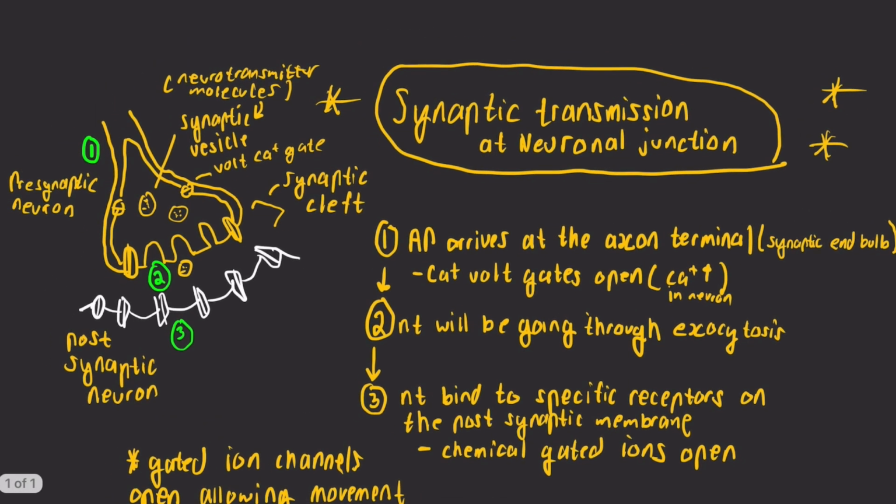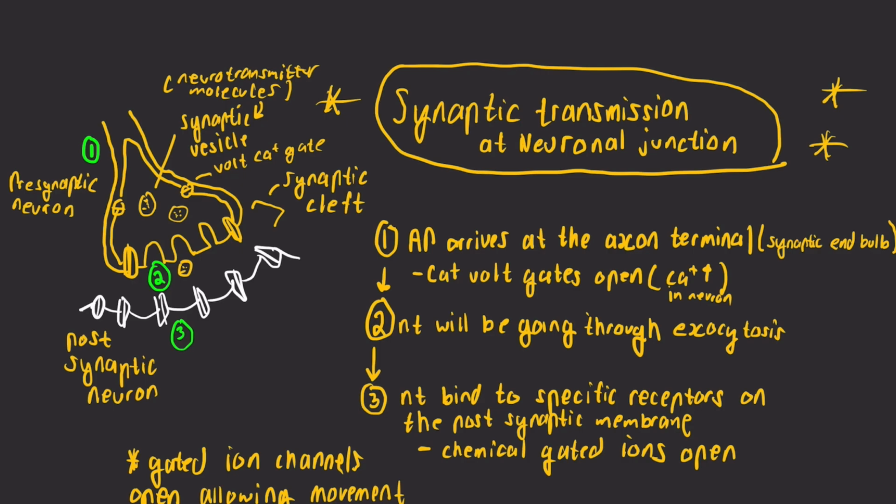The first thing that happens is the action potential reaches the axon terminal. So, step one, as the action potential propagates along the axon of the neuron, eventually it will reach the axon terminal or the synaptic end bulb, the very end of the neuron.